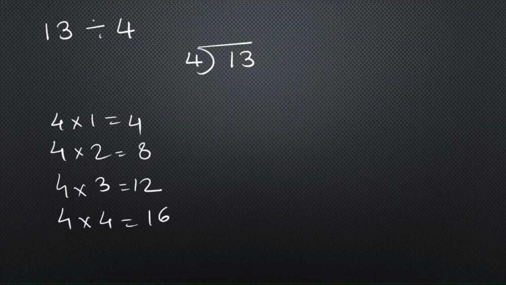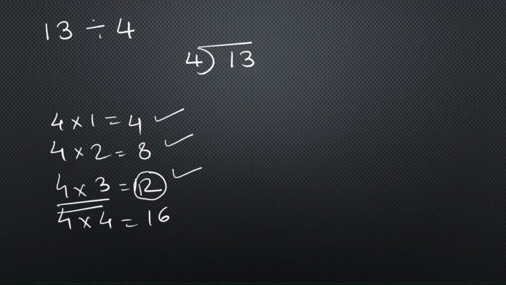When dividend is not multiple of divisor, that time we have to choose the number less than dividend. Means here dividend is 13, so less than 13 there are 4, 8 and 12, these 3 numbers are there, but which is more near to 13? So 12. 12 is more near to 13 as compared to 4 and 8, so we choose this one. 4 times 3 equals 12. I write here 3, means 4 times 3 equals 12.